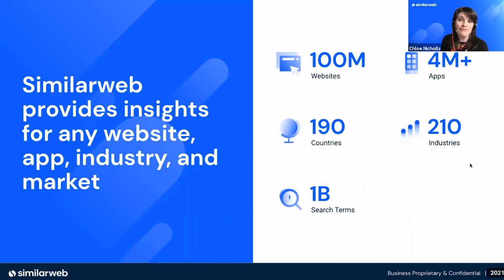Quite simply, we provide decision makers with the most reliable data, offering a 360-degree view of the digital world. Our platform provides insights across websites, apps, industries, and markets at a global scale to enable you to discover untapped opportunities for your business and for business growth.